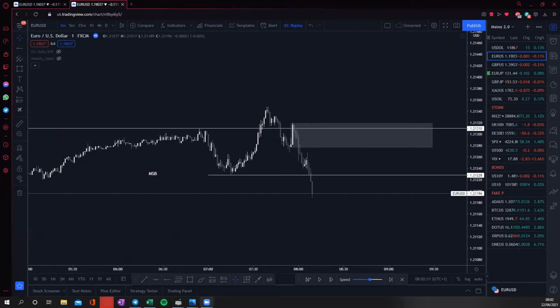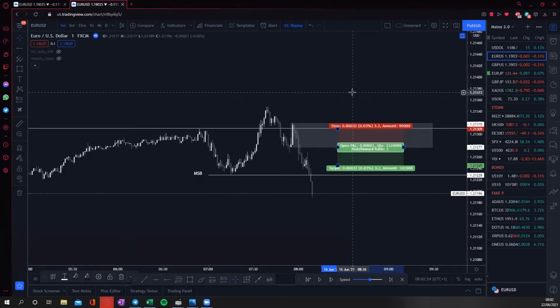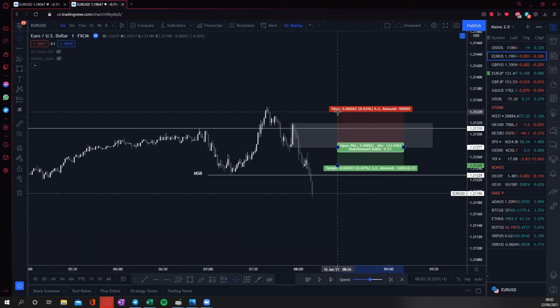As the market broke lower, as soon as we closed there on the 5 minute, let me just move that across, I was looking to enter the market here at the start of where there's evidence of these big players stacking up the orders and stacking up all of the positions.